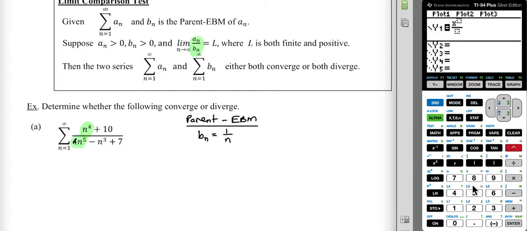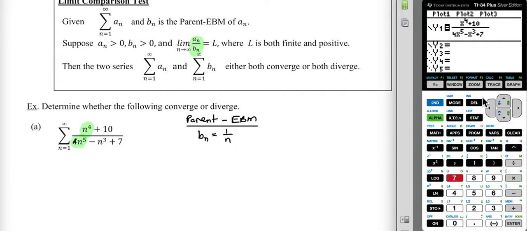So x to the fourth, and it's kind of a lot to type in, but it's worth it. Plus 10 over 4x to the fifth minus x to the third plus 7.